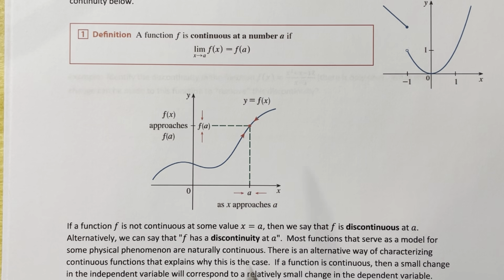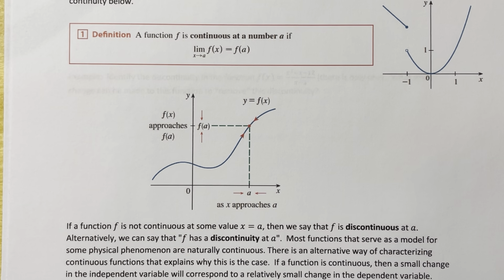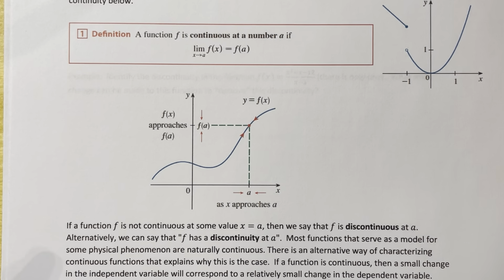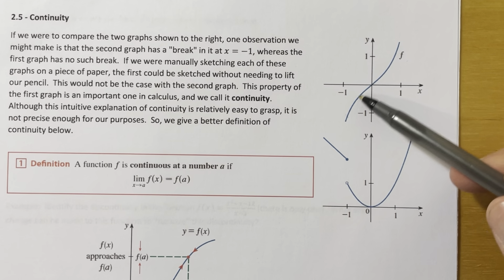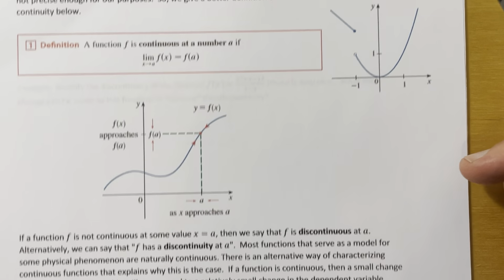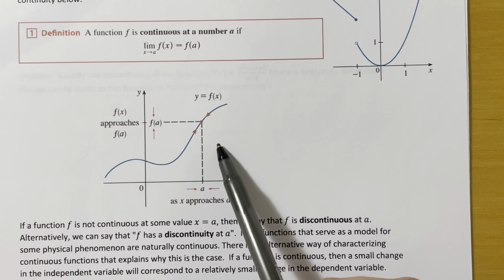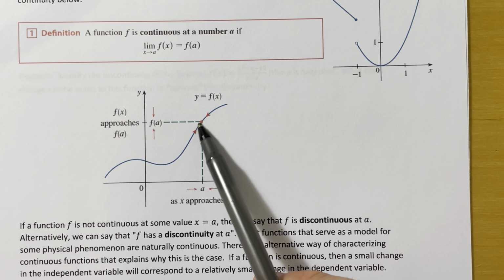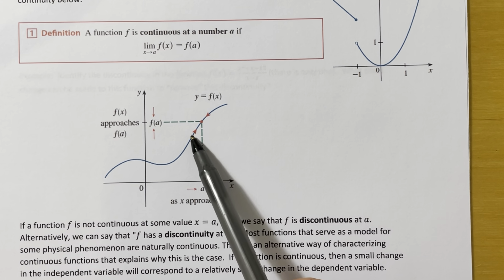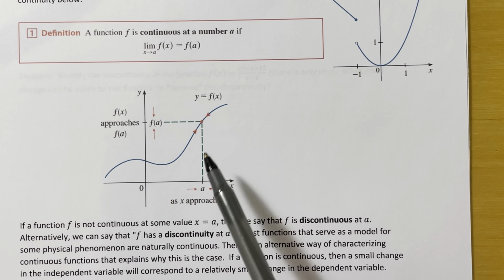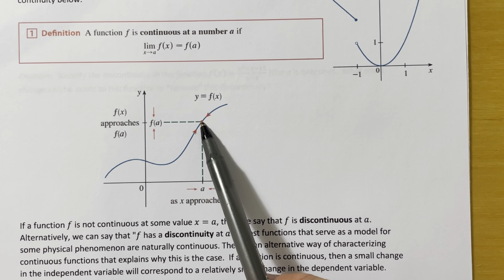This graph right here is sort of expressing why this definition of continuity conforms to our idea of sketching a graph without having to pick up your pen. So this function f is continuous at the number a. And the reason for that is if you look at the curve here, as x approaches a from either direction, we are approaching this point right here.